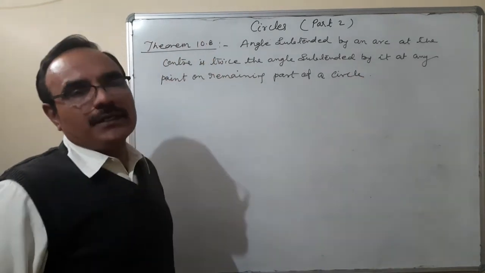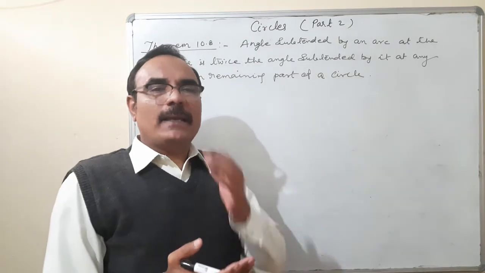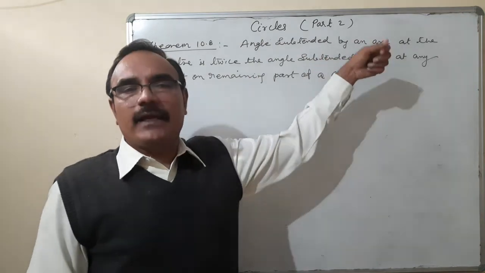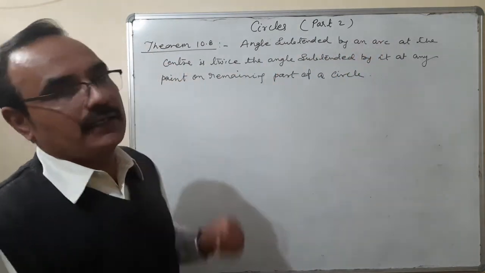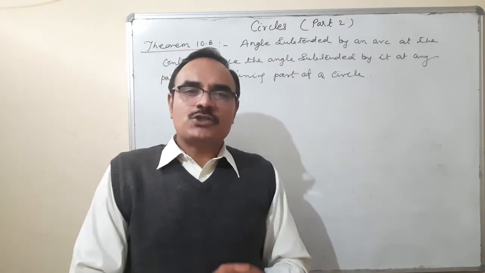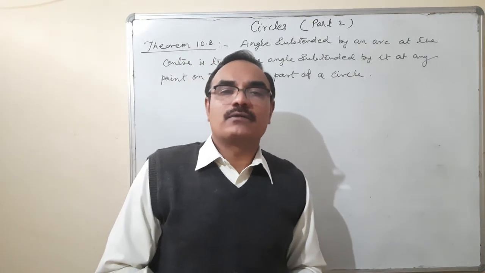This is the statement of Theorem 10.8. Angle subtended by an arc at the center is twice the angle subtended by it at the remaining part of the circle.